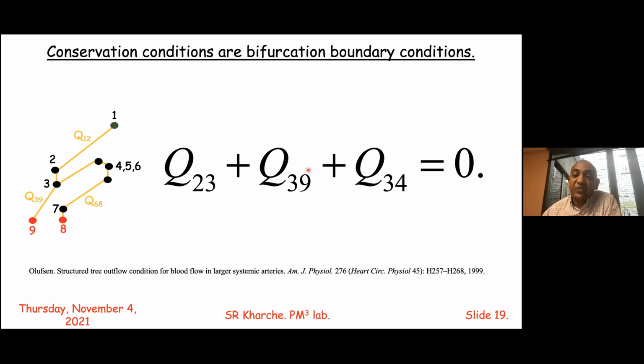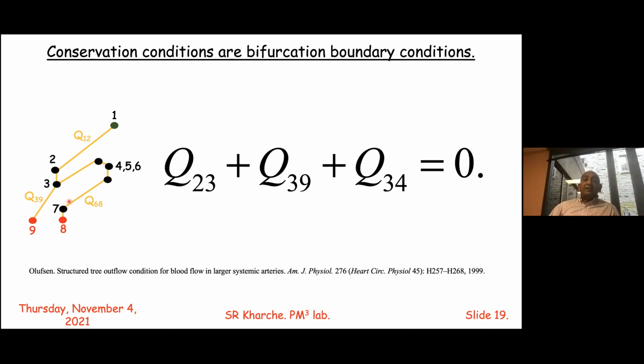And this conservation equation is applied to node number 3. So we have flow coming in from node number 2. We have flow going to node number 9, and we have flow going to node number 4. So what comes in must go out.